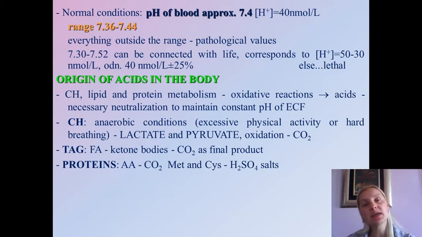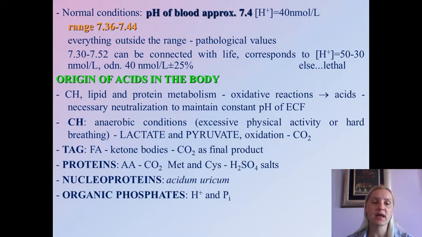Some other amino acids containing sulfur, for example, in a side chain like methionine and cysteine, can undergo metabolism to produce salts of sulfuric acid, so again an acid. Nucleoproteins can metabolize in order to produce acidum uricum or uric acid, and organic phosphates are catabolized to hydrogen ions and phosphates.